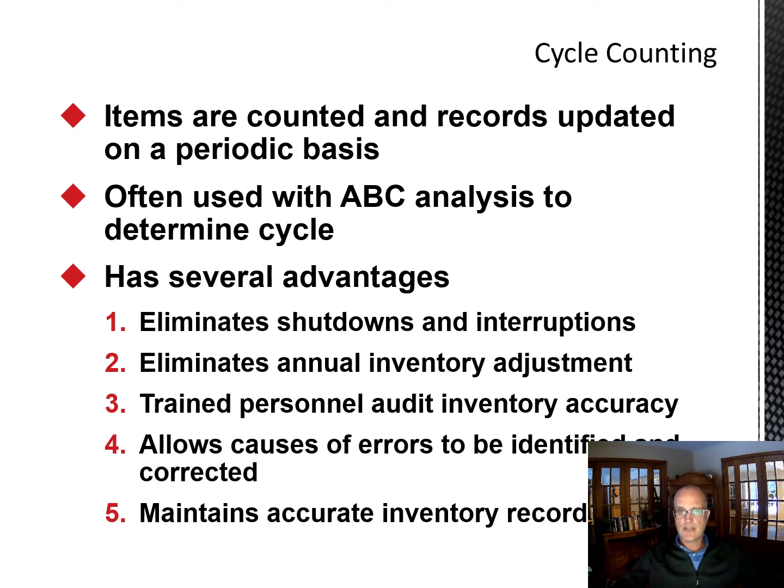And we often use, again, ABC analysis to determine cycles. So the A stuff might get a daily inventory count, the B a weekly, and C a monthly. So we can do all sorts of things, but it's important for us to be able to make decisions based on solid quality information.